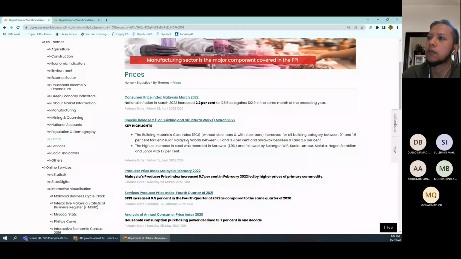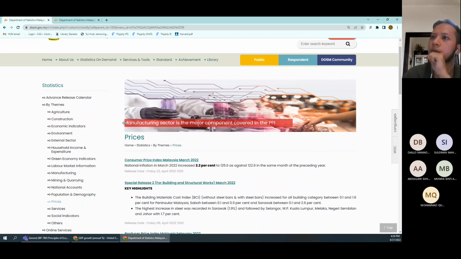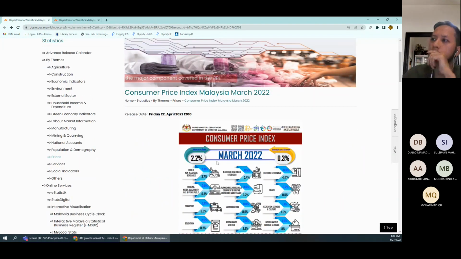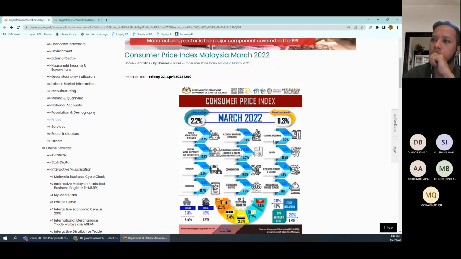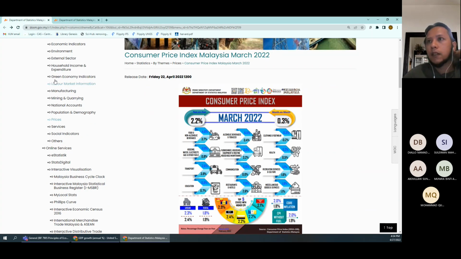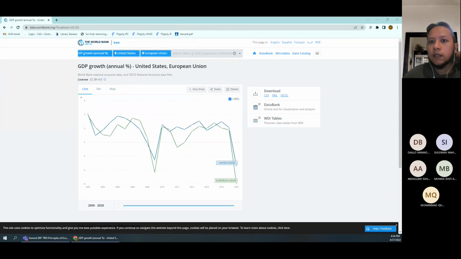Oh no, they don't show. I'm not sure. Maybe there is a place where they show what type of goods they put. But basically they have different sectors in terms of how they calculate the CPI. Okay. Is there any more questions before we end?